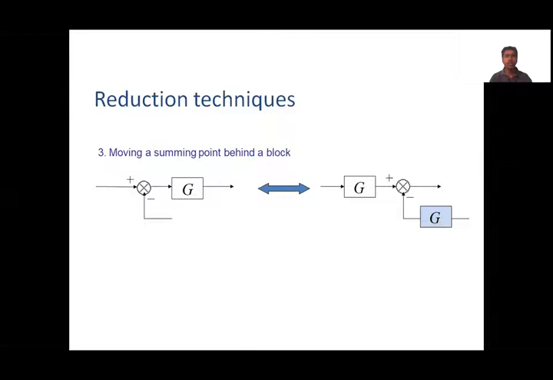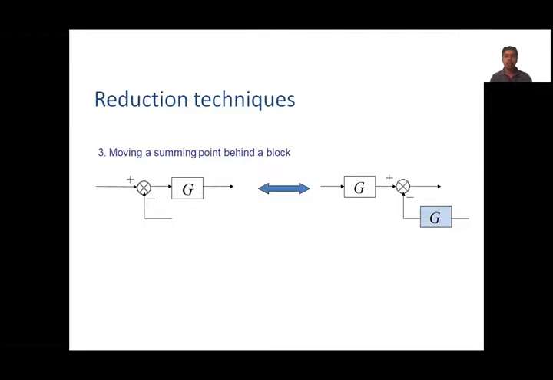And in the third reduction point, suppose we have a summing point at the input side and a gain term G connected after the summing point. Then how to make this before the summing point? Sometimes for reduction of the overall block diagram, we need to shuffle the blocks and the summing points. What do we do then?